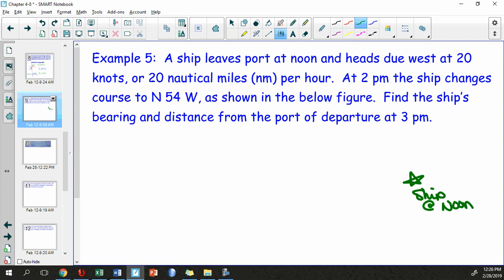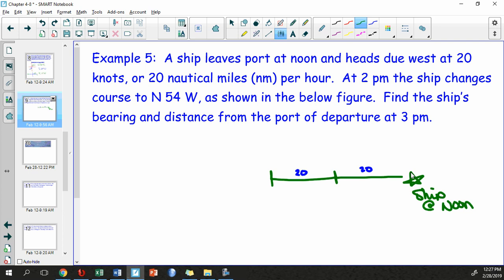So how long am I traveling? 2 hours. Here's my first hour, here's my second hour. Would you all agree? Each one of those, I have traveled 20 nautical miles per hour. Do we all understand that?